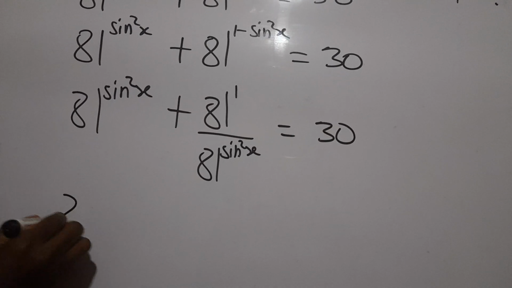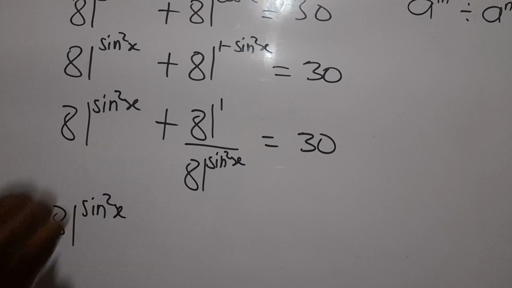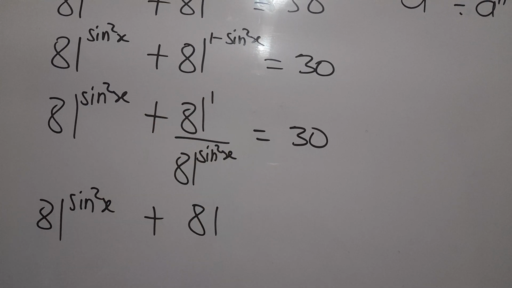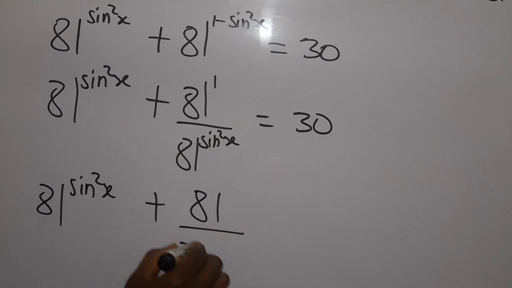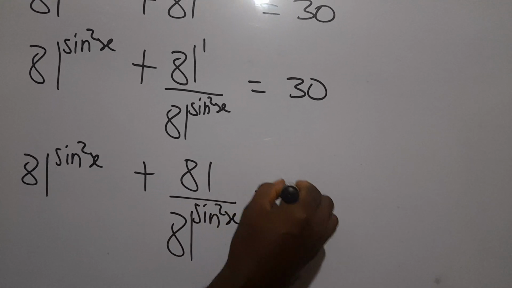So we have 81 exponent sin square x plus 81 over 81 exponent sin square x, all equal to 30.